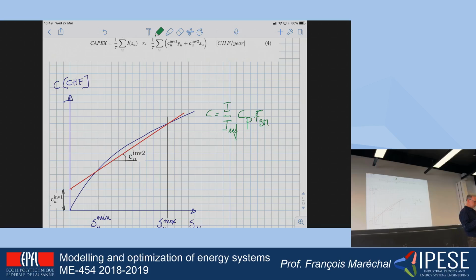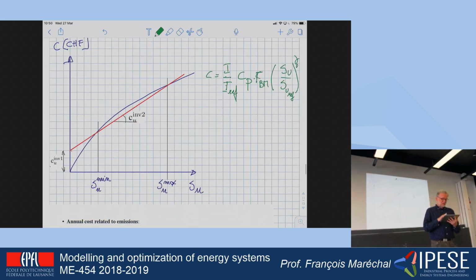And then we have an exponent here, which is the size of the unit divided by the size of a unit of reference with a given exponent for the unit. Okay, so this is the typical formula that we have to estimate the cost of a unit when we know the size of the unit.